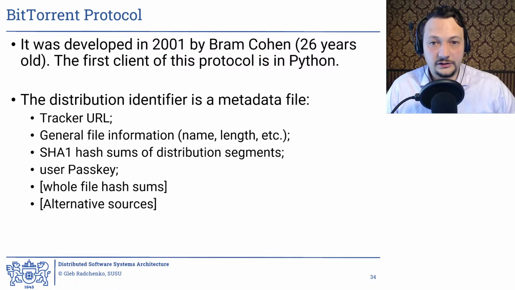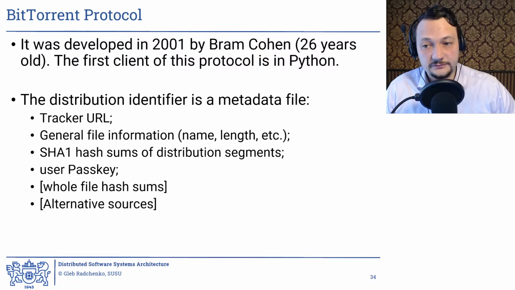The torrent file is a special file that identifies the document or the folder or the set of documents that you would like to download from other clients. In this file, you would get the following information. First, you would get information of the tracker.